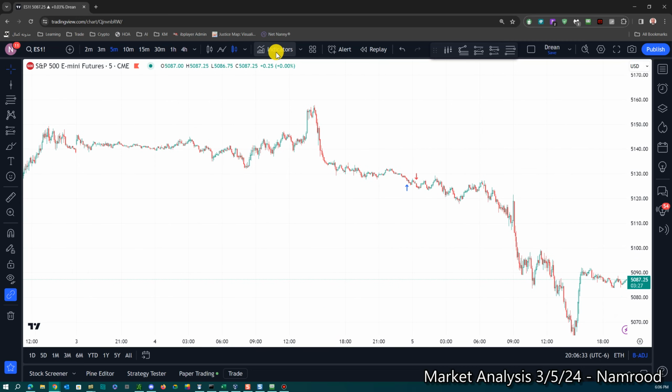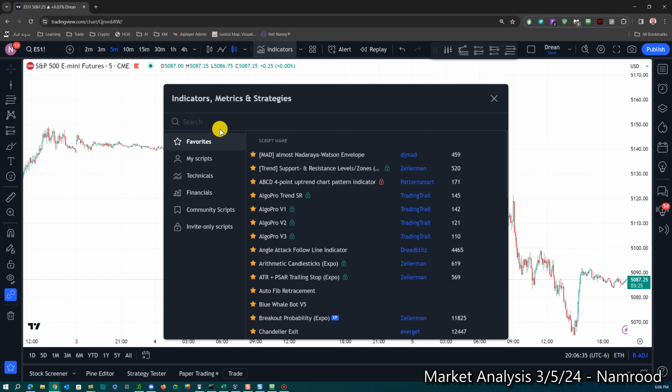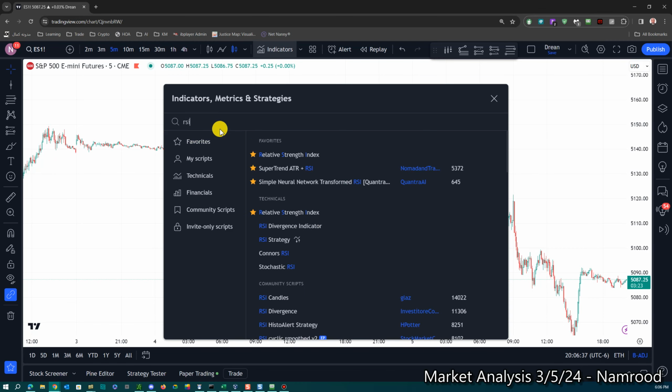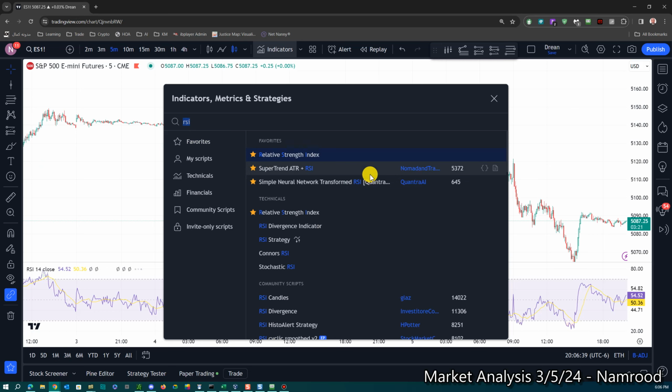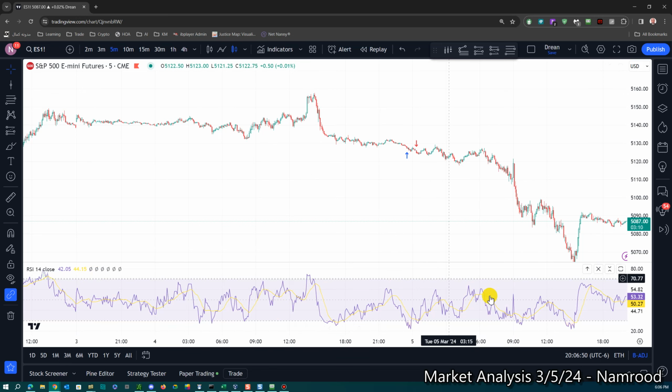So the first indicator that I would like to add is the RSI. You just click once here, and you will find the RSI down below. I'm going to go quickly over the RSI. RSI is an oscillator, meaning that values are going to go up and down between 0 and 100.